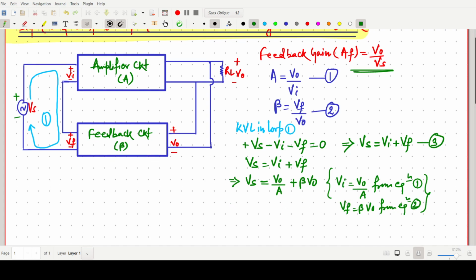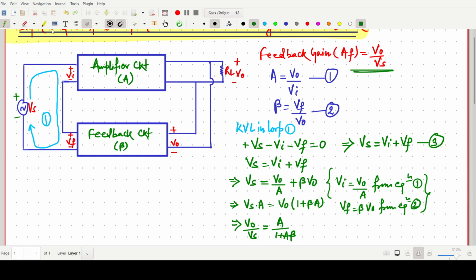So now we have a function of Vs and V naught. One can easily write Vs into A equals V naught times 1 plus beta A. Very simple simplification. So V naught by Vs, that is our feedback gain, is A by 1 plus A beta.